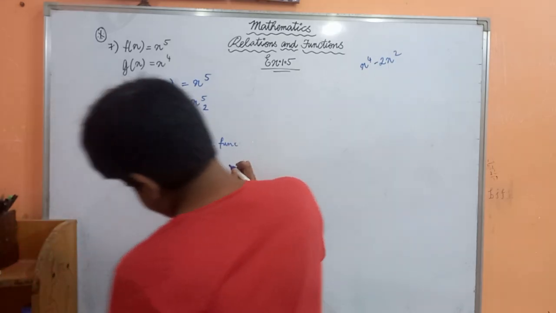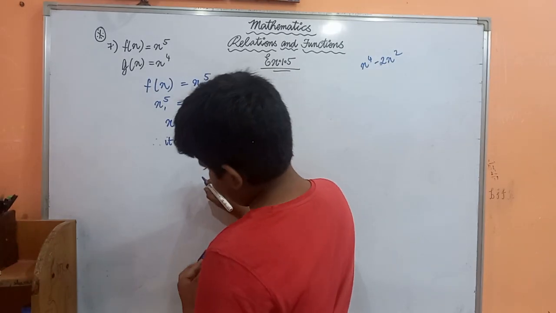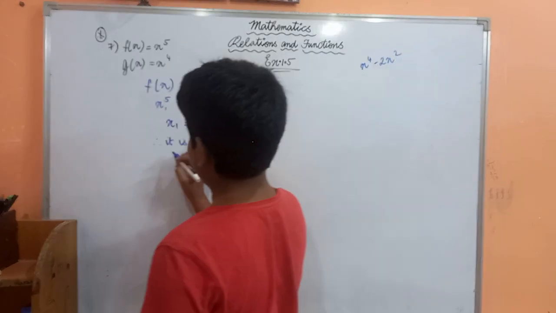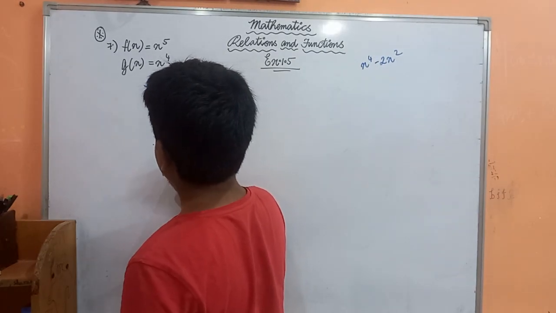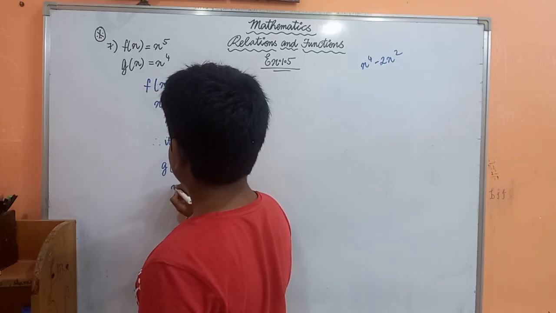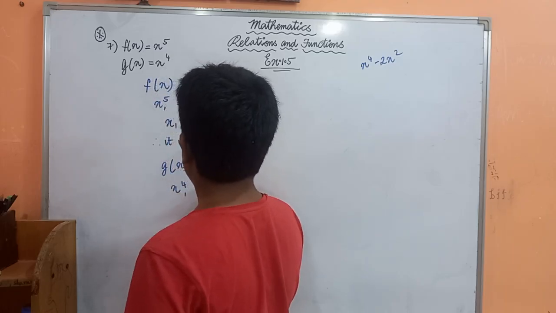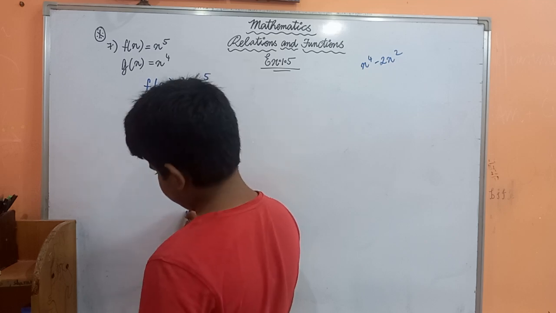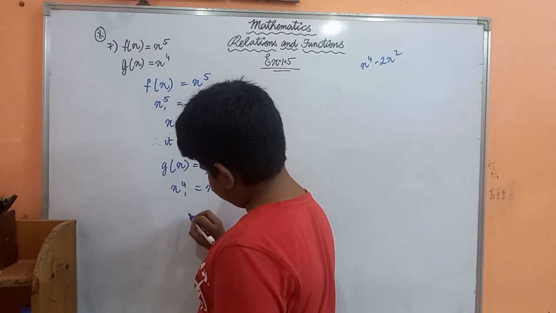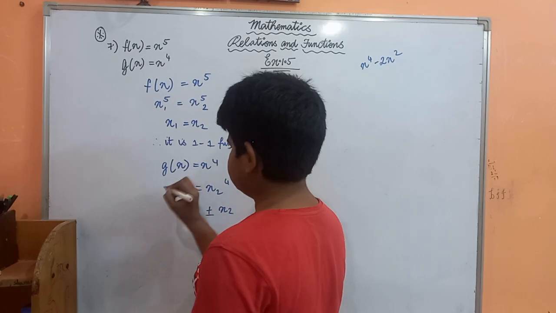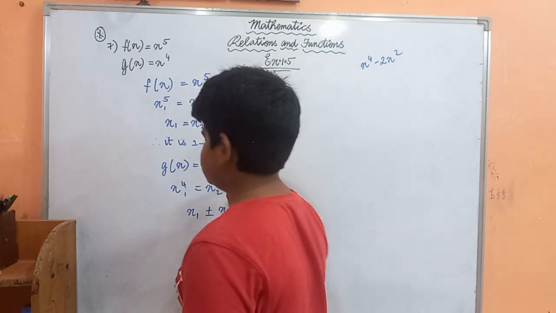Now let us find g. So g of x is equal to x to the power 4. 4 is an even number. So it can be stated that x1 equals plus or minus x2, because both are raised to an even power, so the values are not unique.